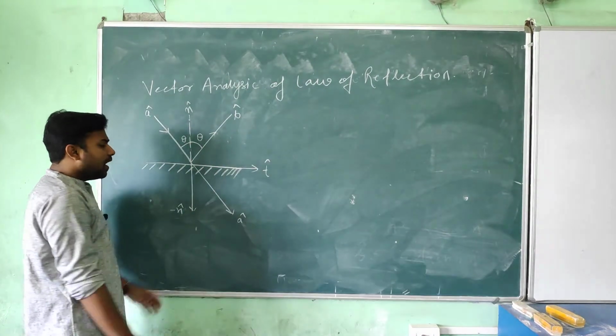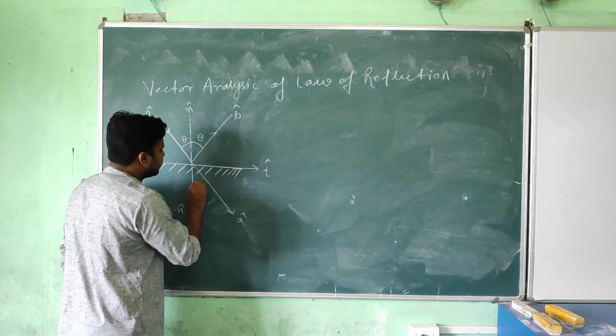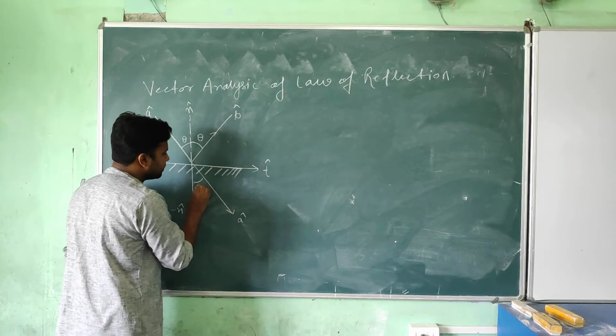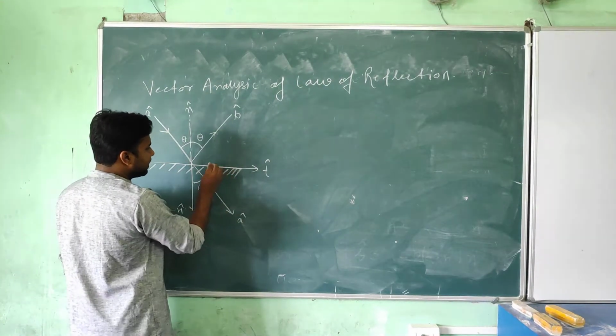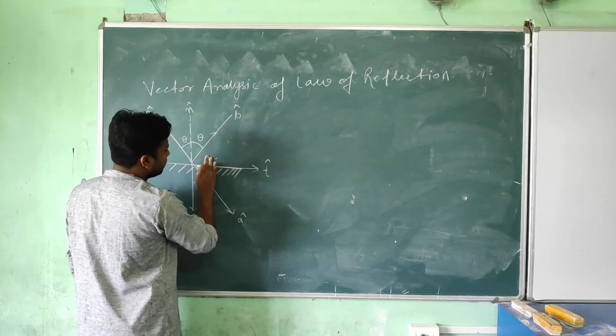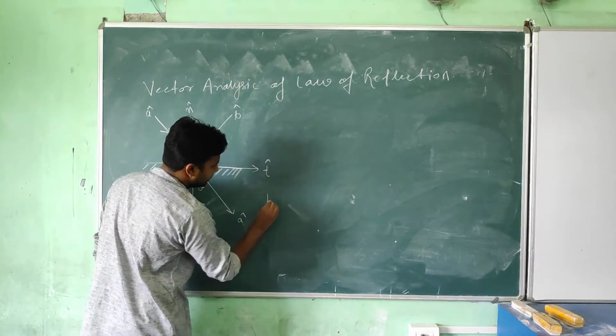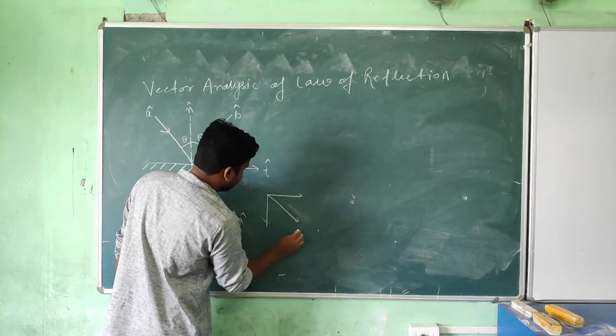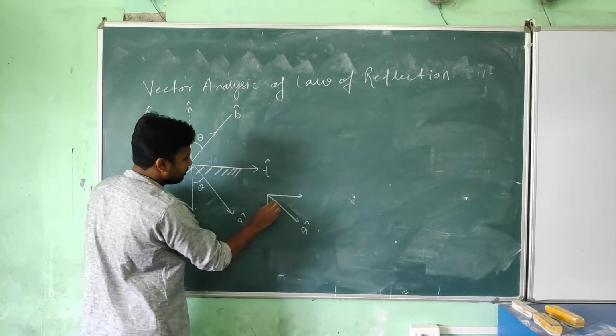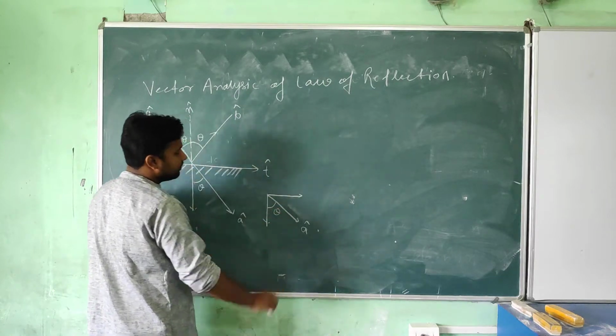Okay student, now I am taking the components of this. If this angle is theta, then this angle is also theta. I am drawing separately, that will be better. So student, this one is the A cap and this angle is theta.